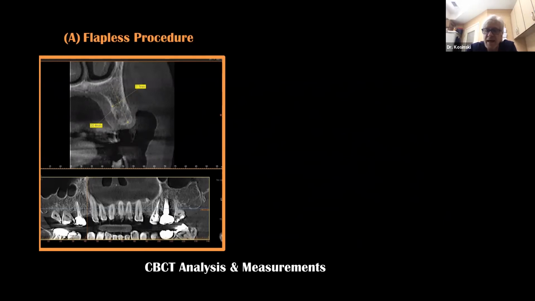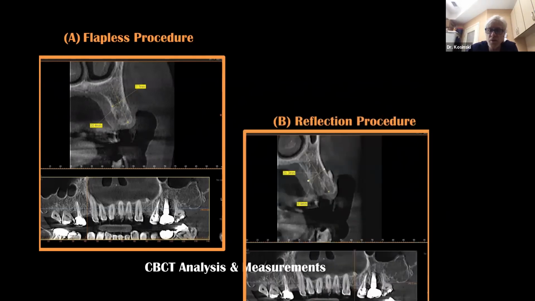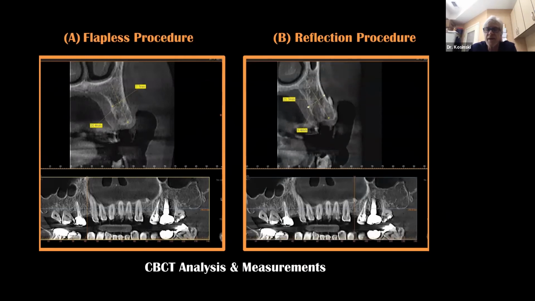These are cases that certainly you will want to do in your practice. On the contralateral side, we have even more, 9.4 millimeters of available bone from the facial to the palatal aspect. So again, situations that are within the realm of the general practitioner.